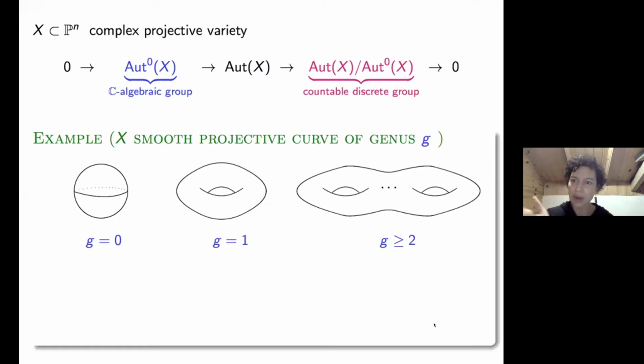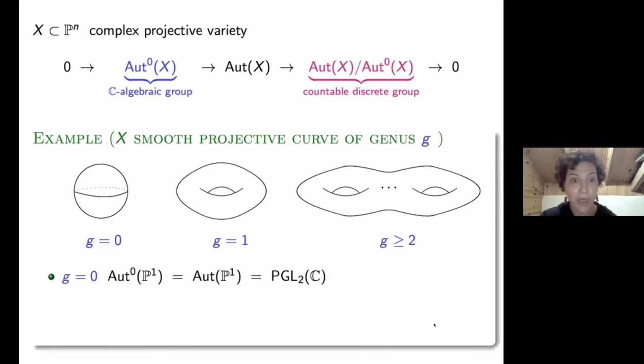This trichotomy is natural from the point of view of the fundamental group and from many other aspects, and also the automorphism group. For the genus zero case, as we've seen, the automorphism group of P1, which is the Riemann sphere, is just PGL2(C). And this is an affine algebraic variety.